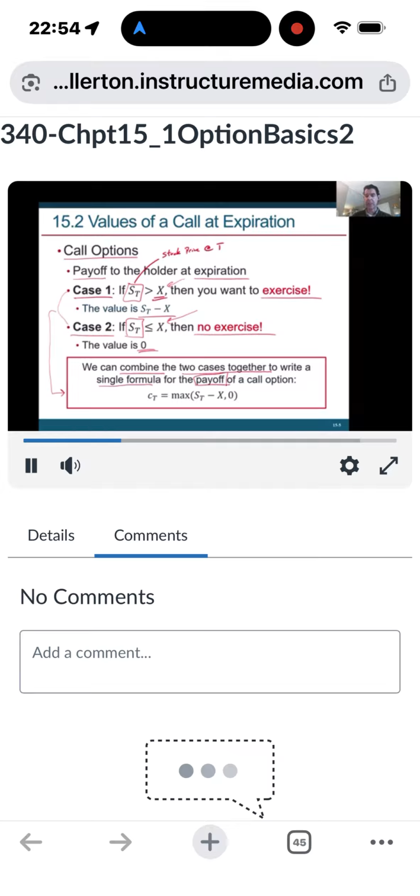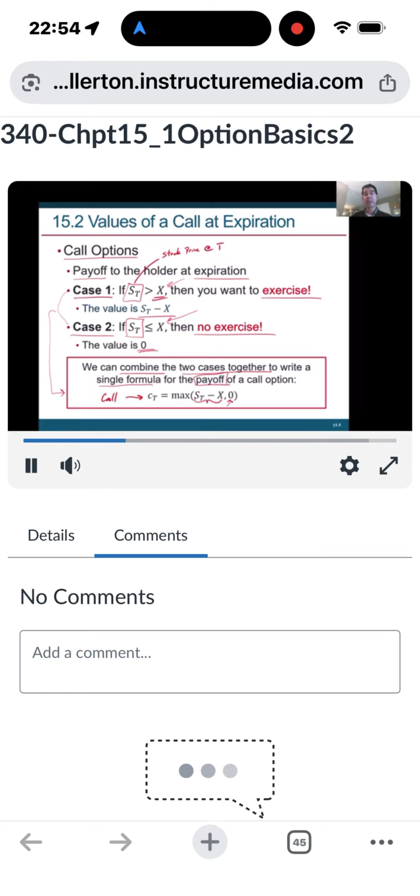We're going to call this the payoff formula. My notation here, C stands for call, so this is a call option. What time are you at? You're at expiration, that was capital T. And this formula says at expiration, if you want to calculate how valuable an option is to you, you calculate the stock price minus the strike price, and you compare that value to 0.